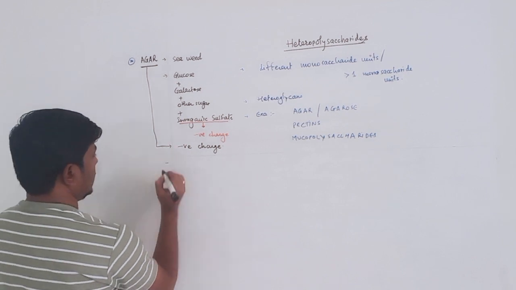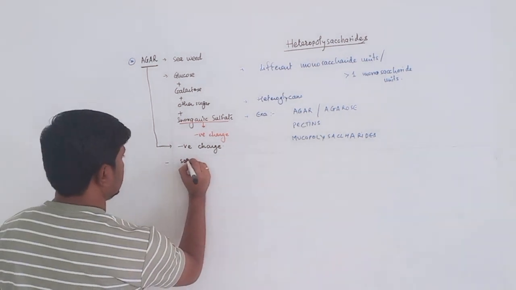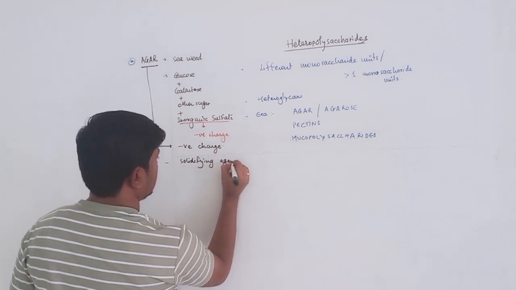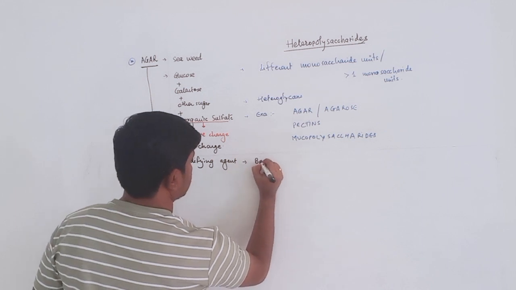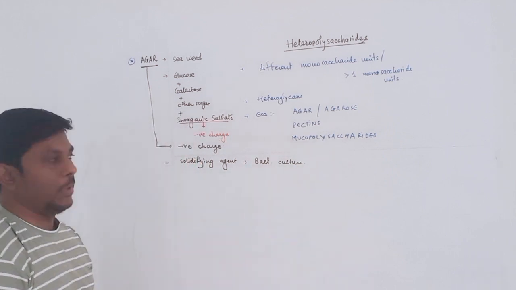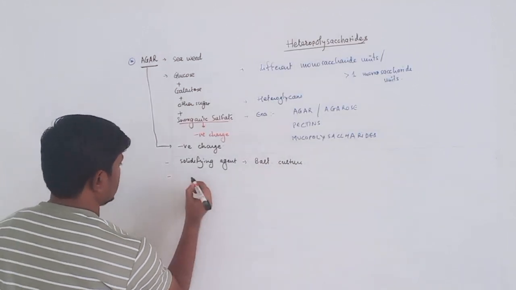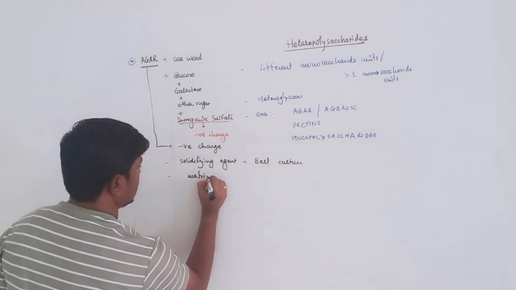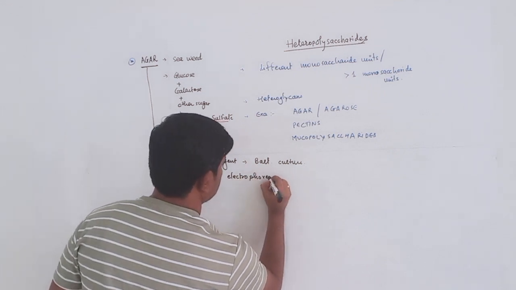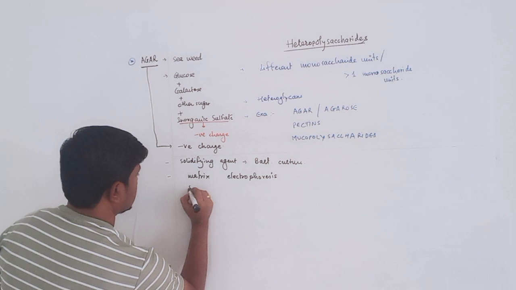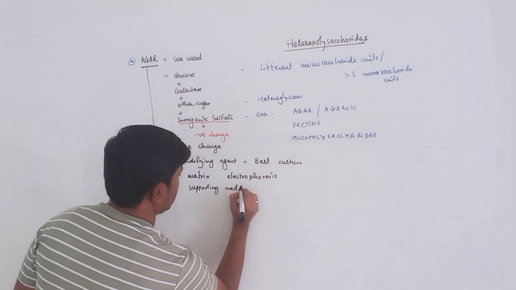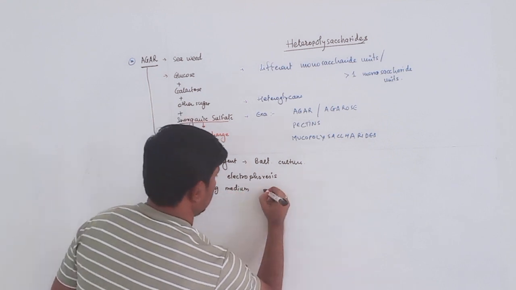Now this agar is used as a solidifying agent in bacterial culture, or culture of bacteria in microbiology. And it is also used as matrix for electrophoresis and supporting medium in immunodiffusion.